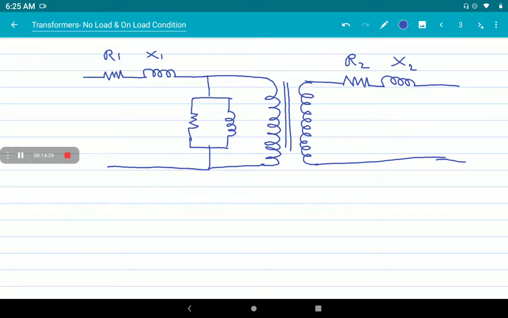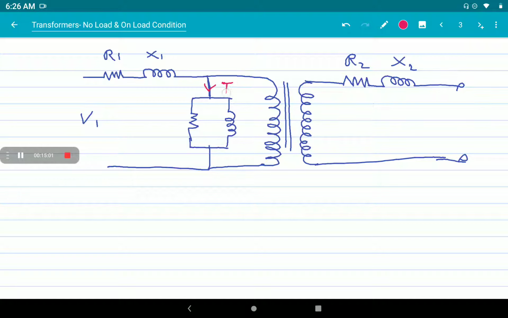In the initial condition we consider an ideal transformer without any losses. So we apply a voltage V1 here, and a current will flow. First condition, when there is no load: there is no current in the secondary winding, and the current flowing through the primary is only to magnetize the core.